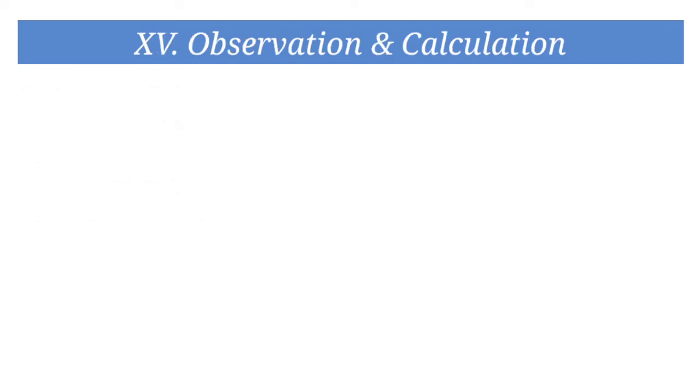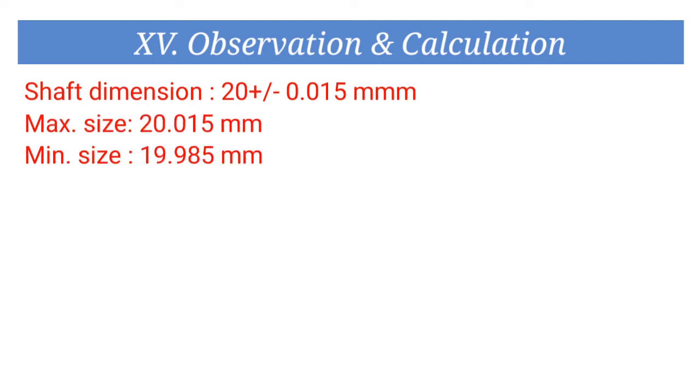In this practical, we have to set an adjustable snap gauge for a shaft having a dimension of 20 ± 0.015 mm. It means the basic size is 20 mm and the tolerance is ±0.015 mm.